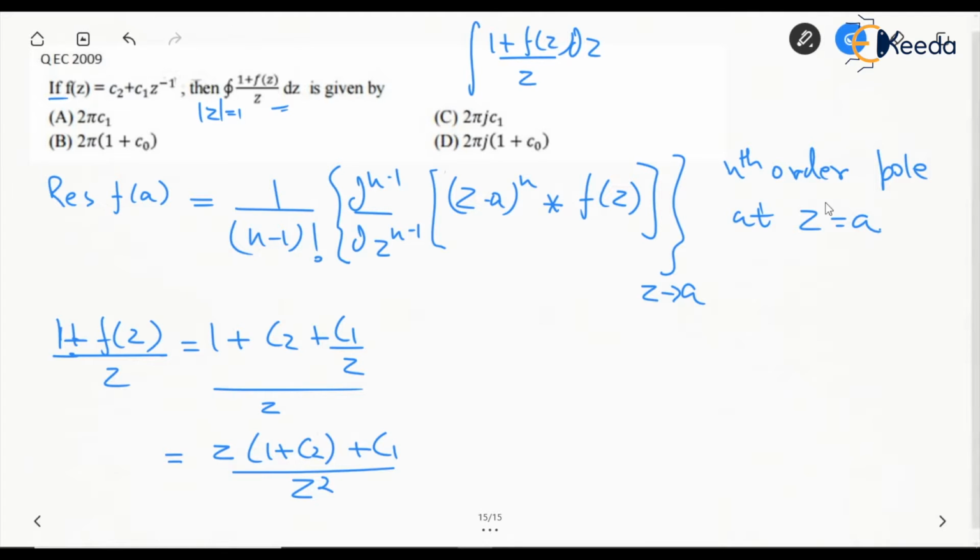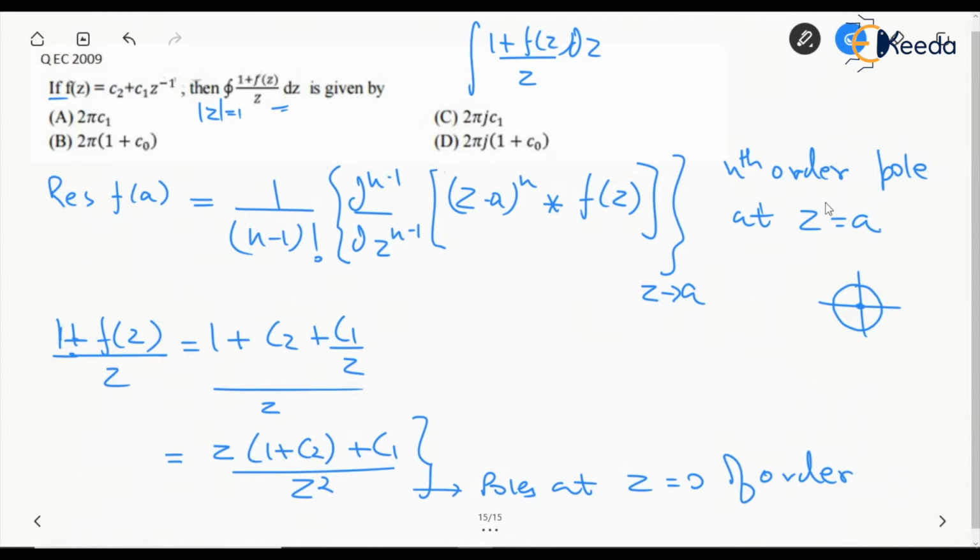So we can clearly see that the unit circle, of radius 1, has the origin as the center, and this function has a pole at z equal to 0 of order 2. This is a second order pole at z equal to 0.